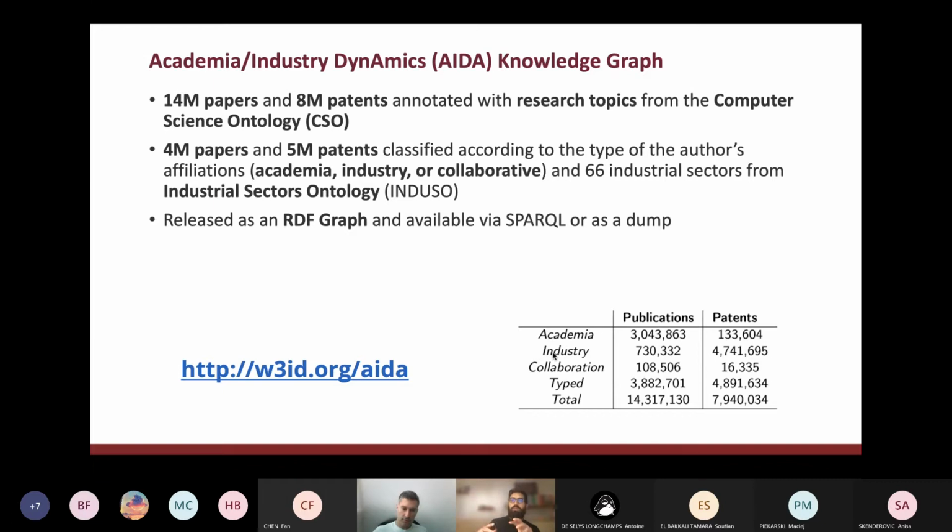So if I collaborated with a researcher in an industry, our work is going to be collaborative because it's between academia and industry. And then these papers, in case they were either collaborative or industrial, were also annotated according to 66 industrial sectors from the Industrial Sector Ontology.